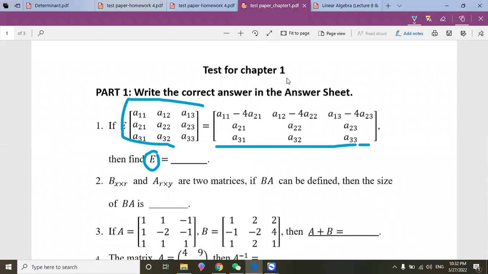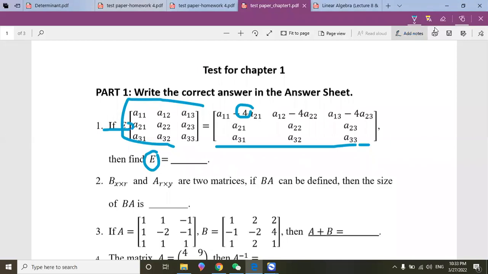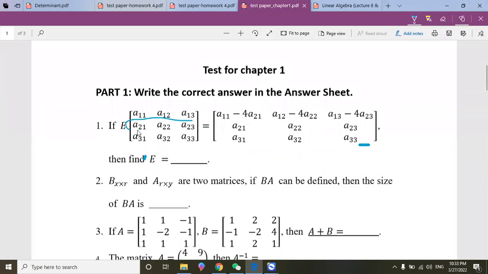So here we can see we have 4 here, right? We can see that this is our second row. So this one here is our second row, and we have our second row here, A21, A22, and A23, right?